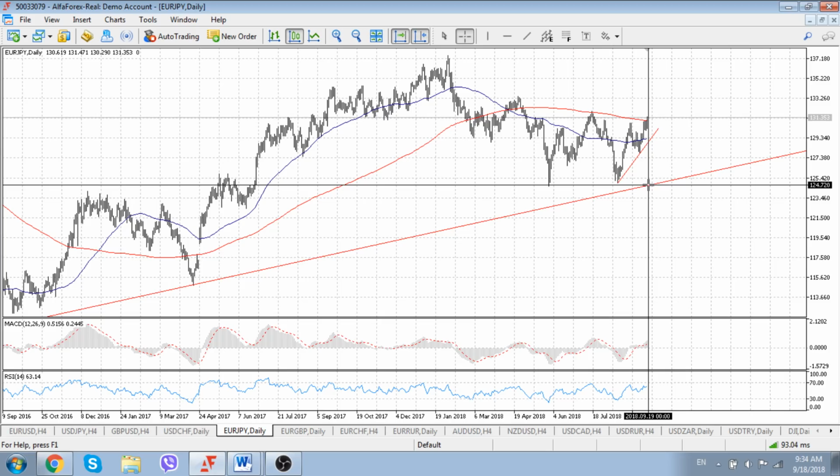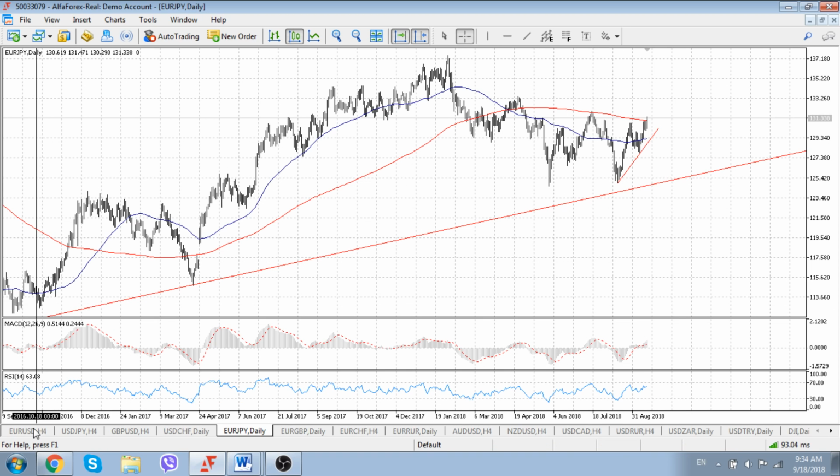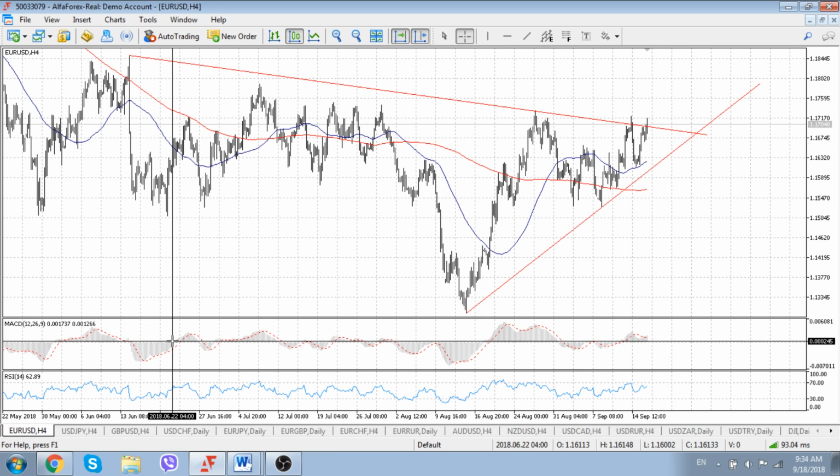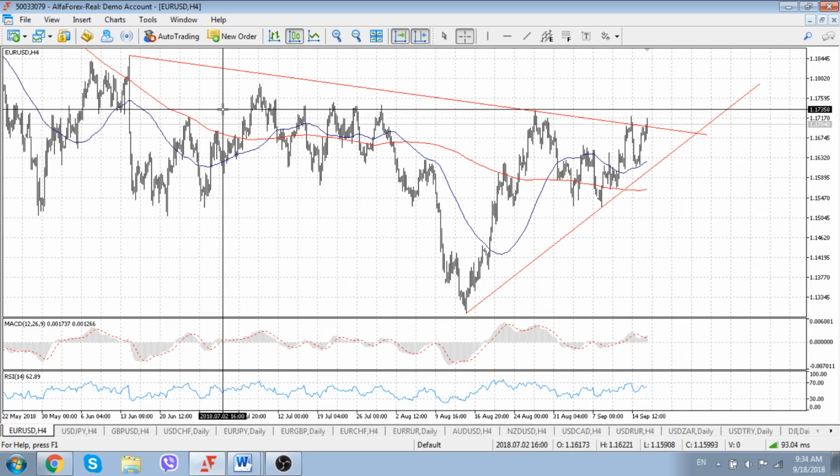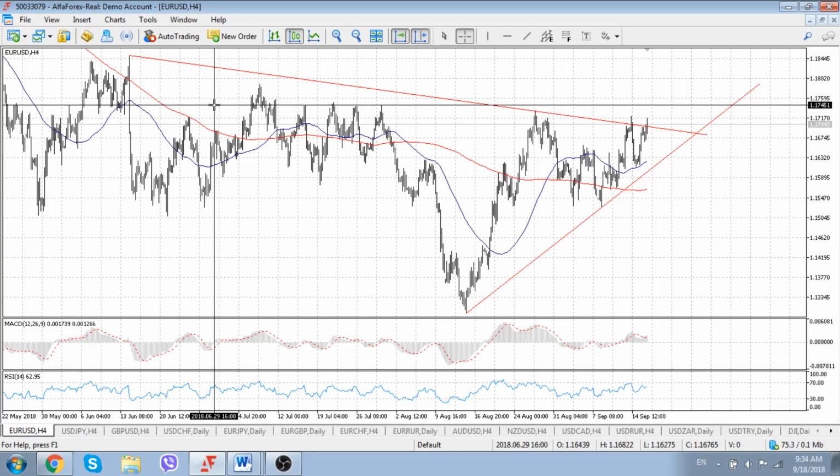Also, from a fundamental point of view, we suggest that this kind of move in the euro yen should also lay the ground for the further bullish potential of the euro currency itself. And from that point of view, the euro dollar should sooner or later break this really very tough resistance right now around 117.50.